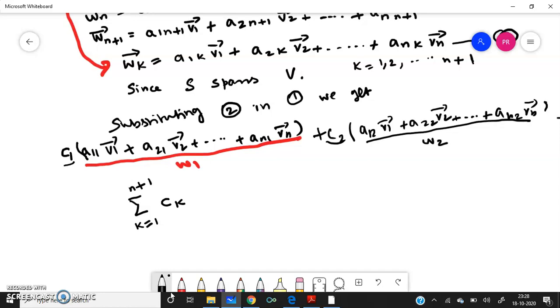But inside this there is one more summation. Inside C1 there is one more summation, inside C2 there is one more summation.